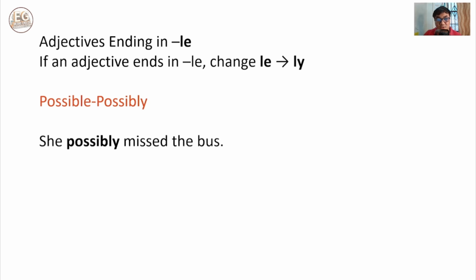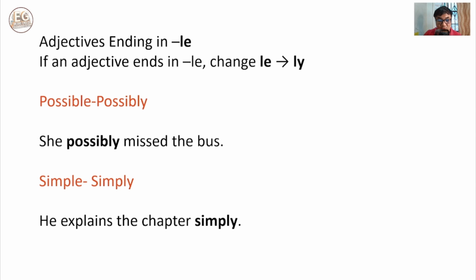Like in the sentence, she possibly missed the bus. Let's see another one. Simple. So we apply ly in the end, it becomes simply. Like in this sentence, he explained the chapter simply.